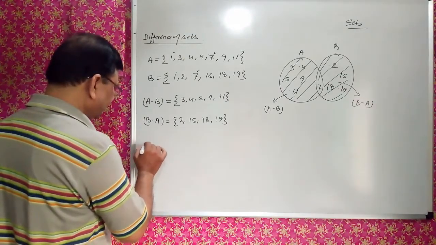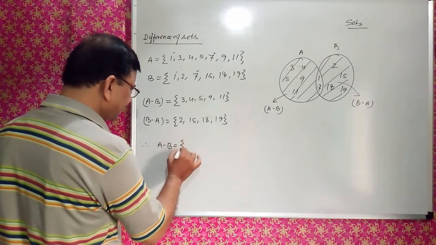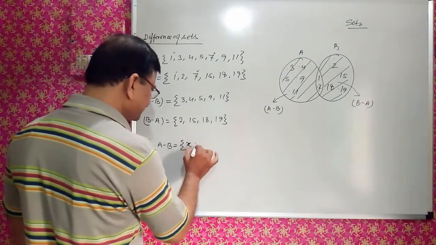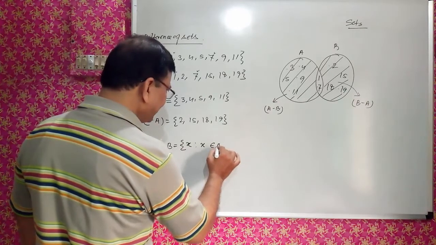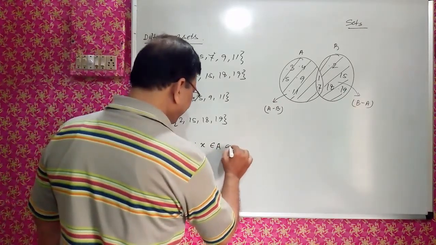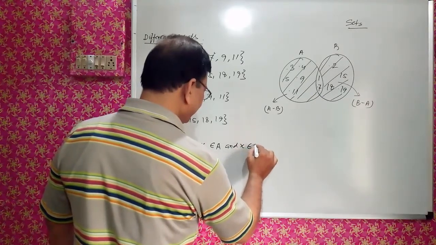Therefore A minus B can be defined in set builder form as X such that X is the element of A, right, and X is not the element of B.